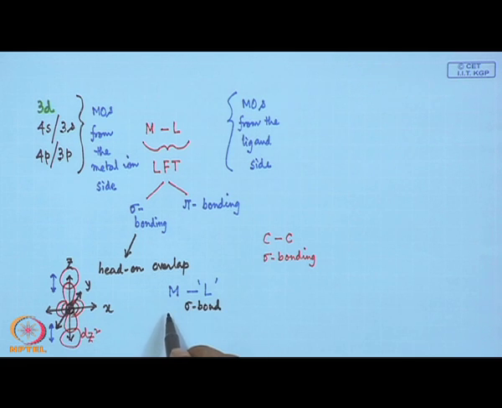But in this particular situation, when the sigma bonding interaction takes place, we will find that the overlap may be taking place through donation from the ligand to the metal center, or at some time we will find that the ligand can also function as an acceptor, accepting the corresponding electron density from the metal side.